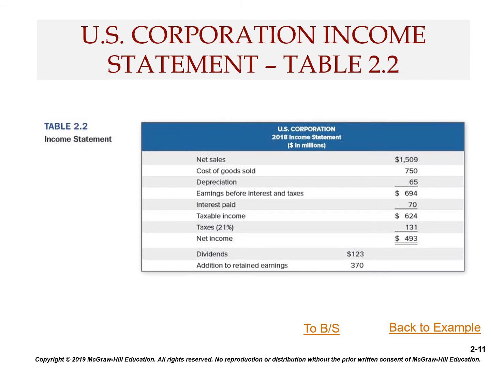So here's an example of an income statement. Here we have net sales minus cost of goods sold, the cost of the inventory that you sold for those sales. And here they're just subtracting depreciation. There's other expenses, but we're keeping it simple here. That gives us what we call earnings before interest and taxes, EBIT.